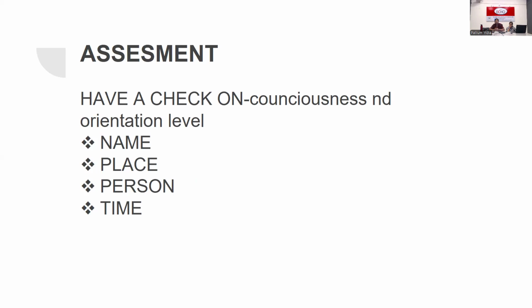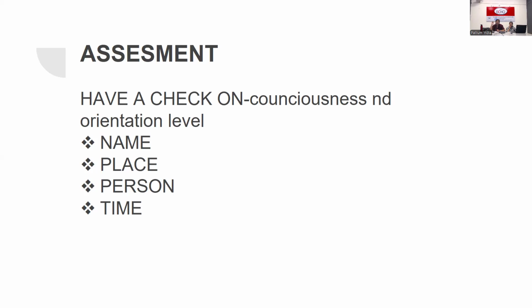And how are you? How do you feel today? Sometimes they'll not be able to tell that. And where are you now? You ask, where are you now? I don't know whether I'm in hospital or home. From there, you can pick. A normal person can identify their place and surroundings, but this person will not be able to identify their surroundings. So in your rounds, have a check on the conscious and orientation level.